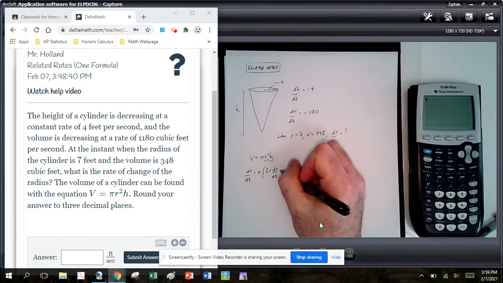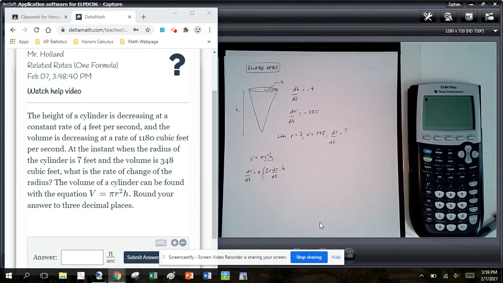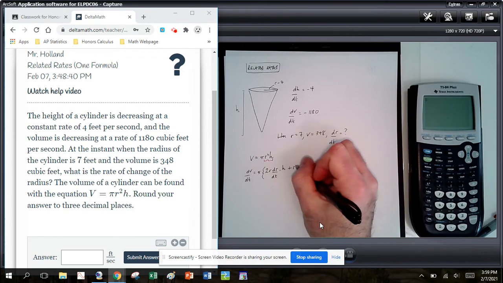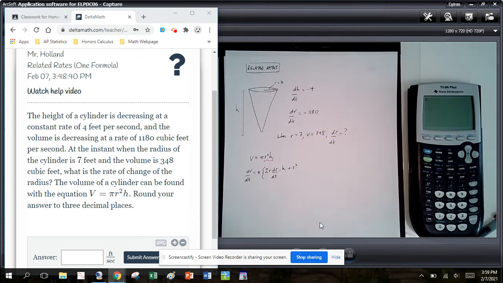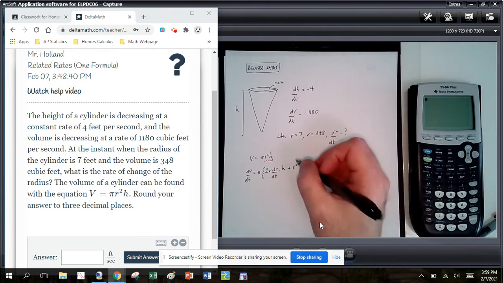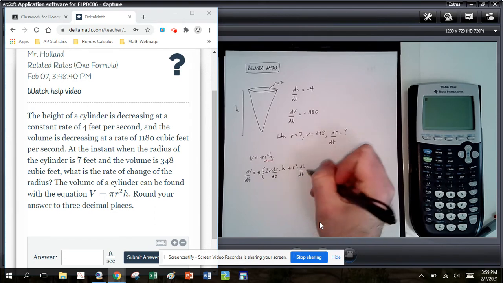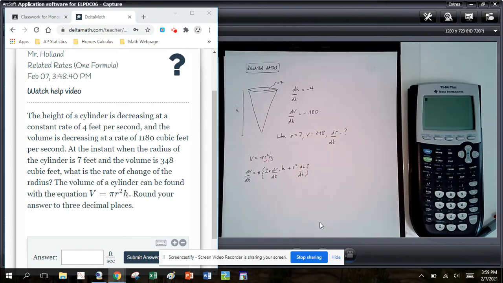And then I know that that gets multiplied by h. And then I leave the r squared as it is, and now I take the derivative of h. So the derivative of h is 1, so that doesn't change anything. And then don't forget, I have to do my dh/dt because I'm dealing with implicit differentiation. Everything is being differentiated with respect to t.